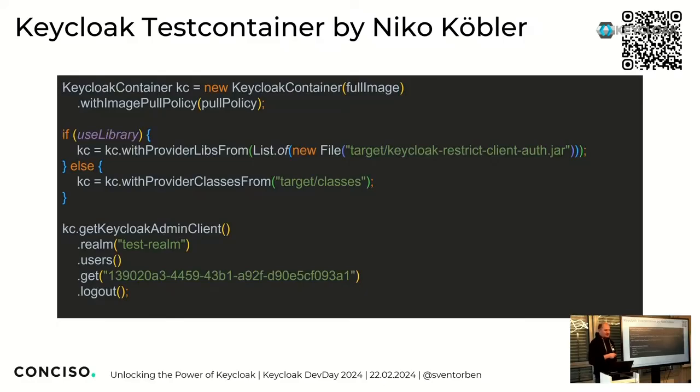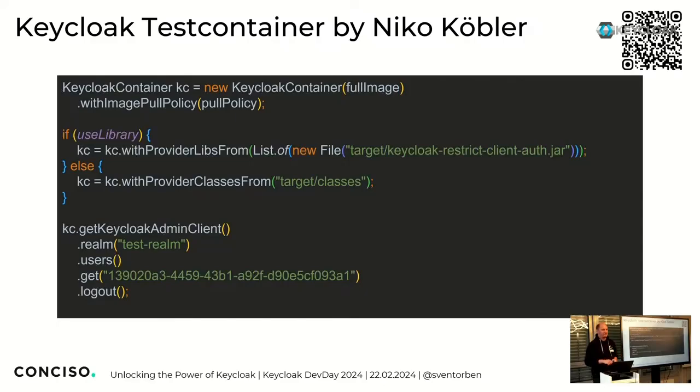Just to point out a few things here, you basically get this Keycloak container Java class, which you can instantiate, and then tell it what image or what version of Keycloak should spawn, how you would like to pull images, if you want to use the cached image, or pull a new image every time. You can set all kinds of configuration like environment variables, switch on certain Keycloak features or switch them off. You can interact with the REST API, and it's all built in Java code.